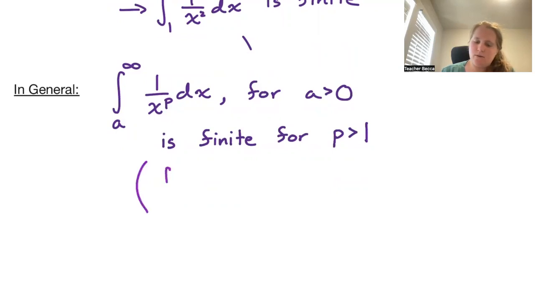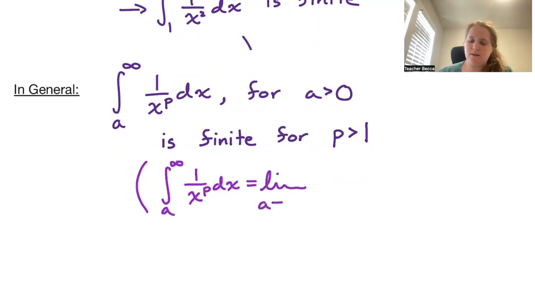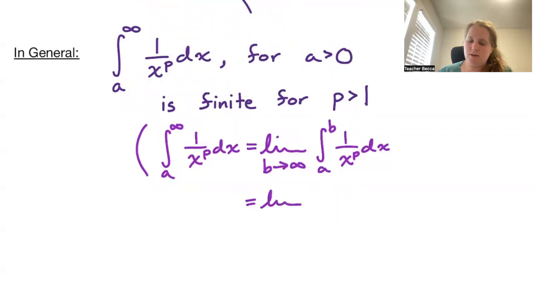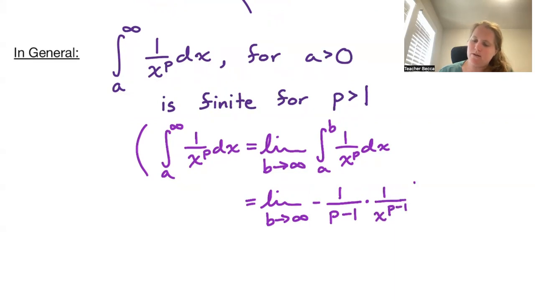We can see that since the integral from a to infinity of 1 over x to the p dx would be equal to the limit as b goes to infinity of the integral from a to b of 1 over x to the p dx, which is equal to the limit as b goes to infinity of negative 1 over p minus 1 times 1 over x to the p minus 1, evaluated at a and b.